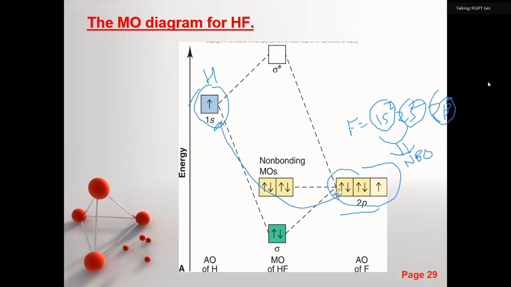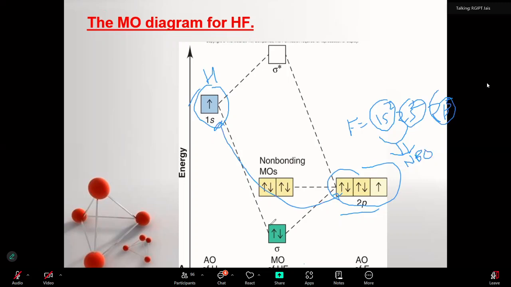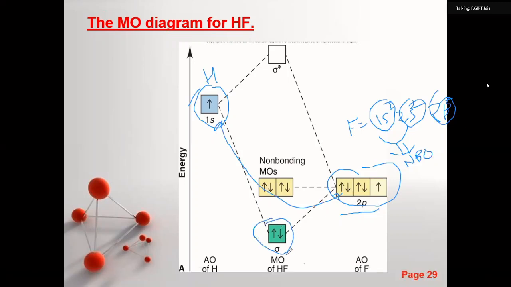Comparable energy means these types of atomic orbitals mix together to give a molecular orbital of sigma. After that, the remaining orbitals come in non-bonding molecular orbital. That's why in this case, total 1 electron here and total 5 electrons here.